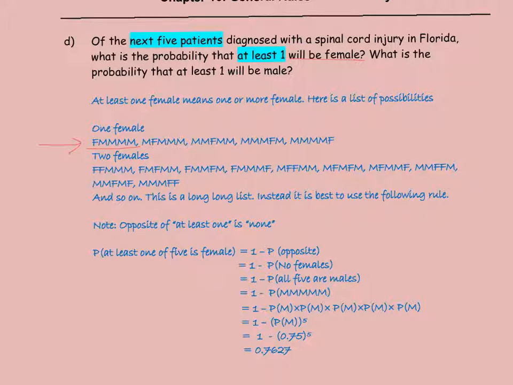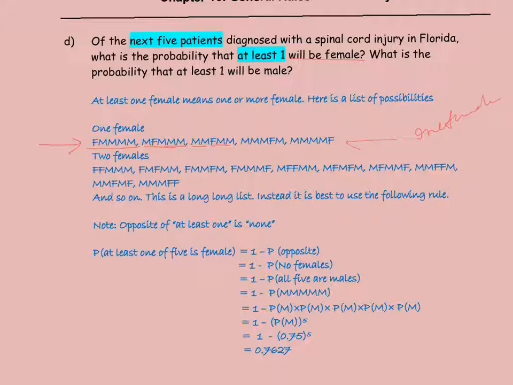First is female, the next 4 are males. In this case, the first is male, the second is female, and the next 3 are males. Again, first 2 males, then 1 female, 2 males. Do you see that we have a long list of possibilities where there's exactly 1 female?